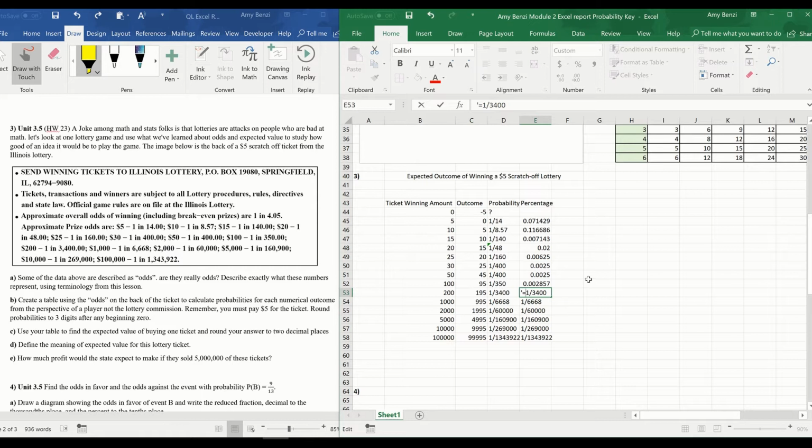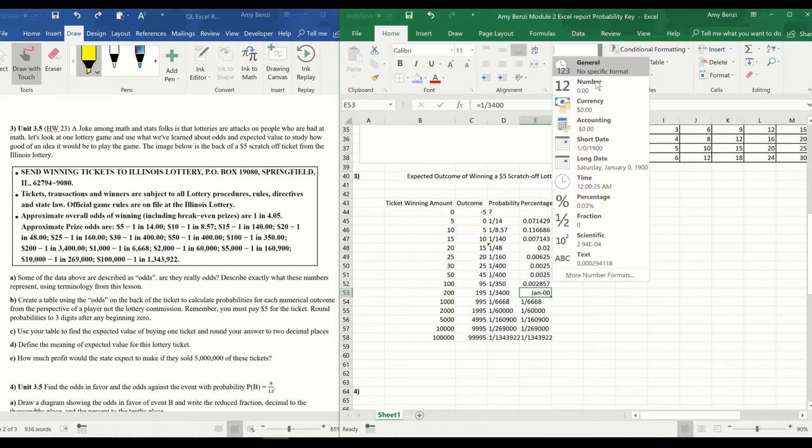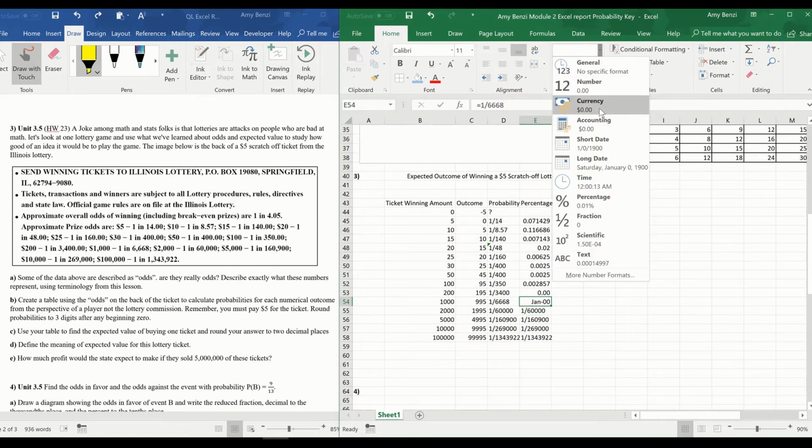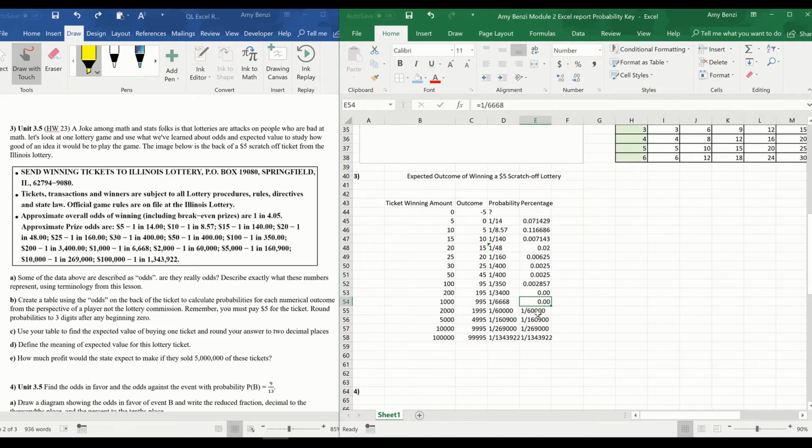This one's going to probably cause me problems also. Yep, I got a problem on that one, so I just hit number. And you guys are looking at that thinking, why aren't you hitting percent? That's what I probably should have done. Actually, I see something else I should have done differently.